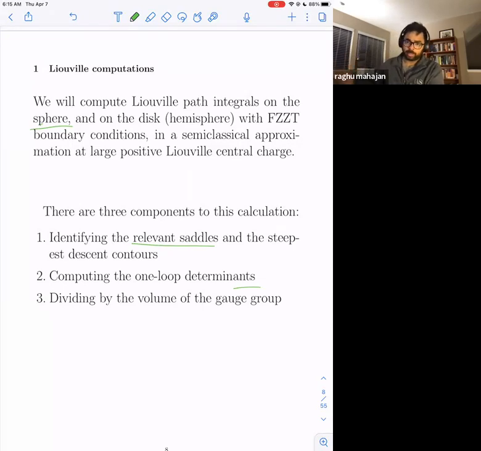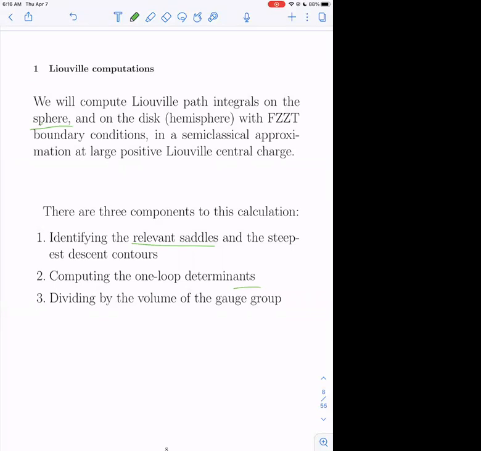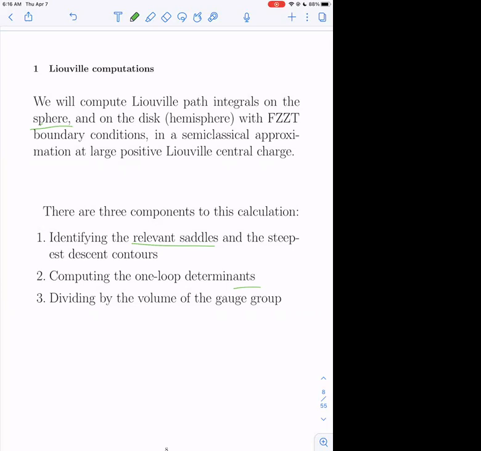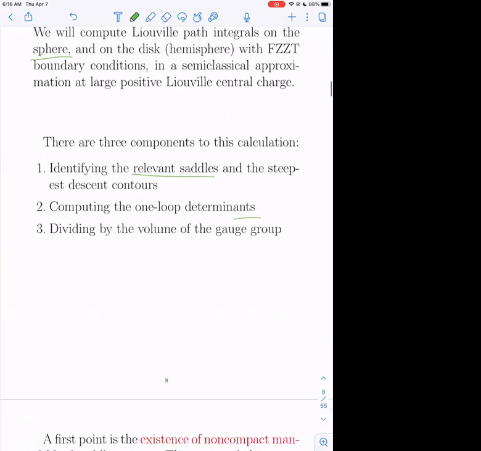That's just a loop expansion around it. In principle, you can get to any order in 1 over P. Is that right? Exactly, that's right. That would just be like the perturbation expansion of the Liouville sector, just loop diagrams in the Liouville theory. Okay, thank you.